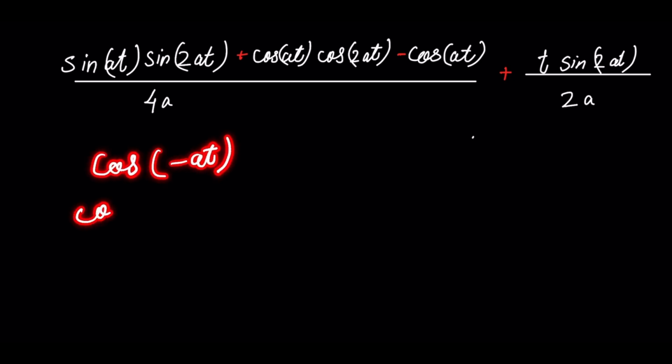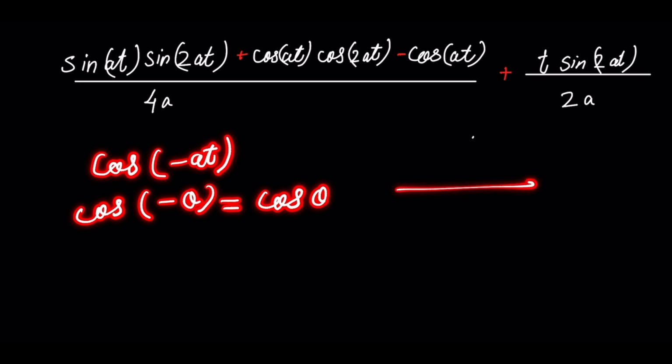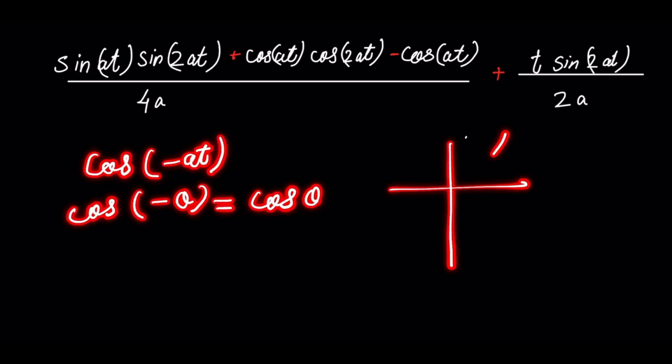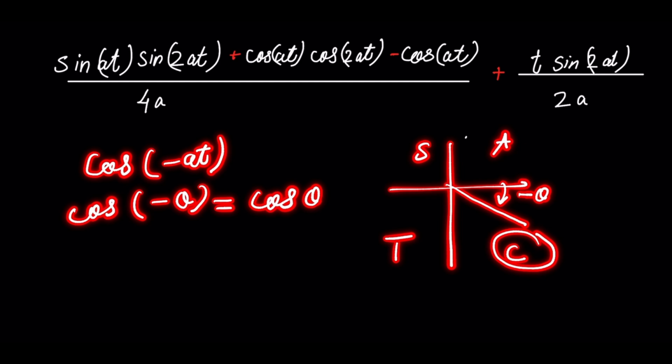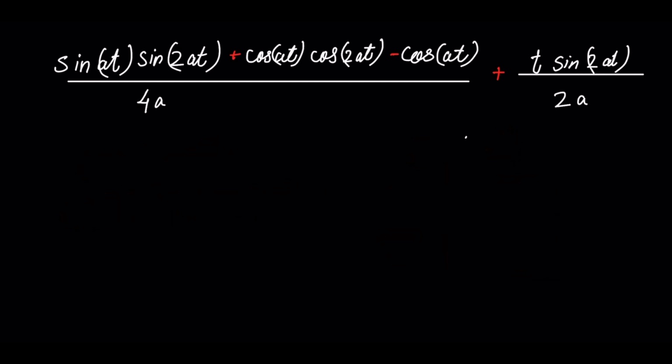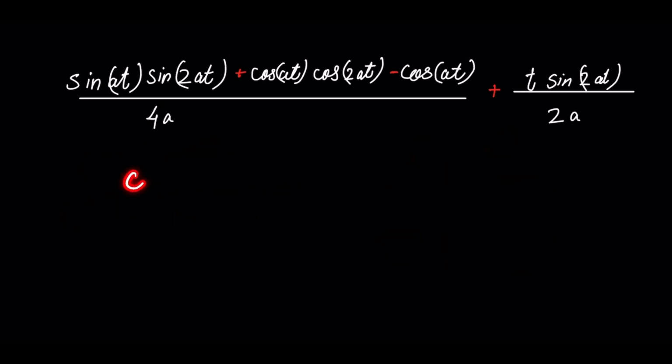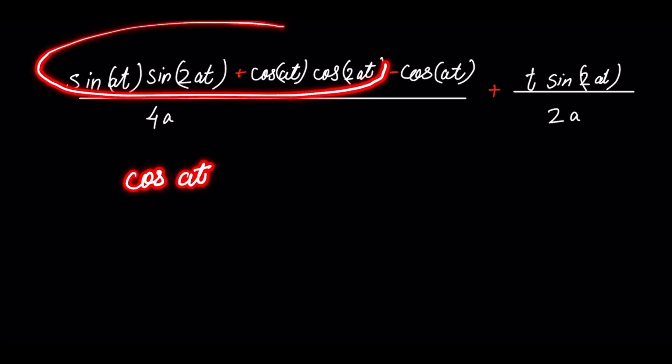We know cos of negative theta is equal to just cos of theta, because according to ASTC quadrants, the negative theta is going to be found in the fourth quadrant where cos is positive. Just write cos of at instead of this.